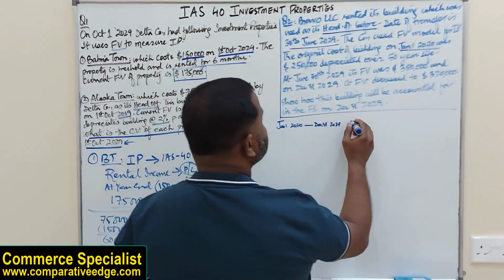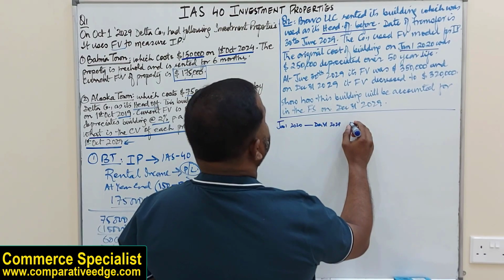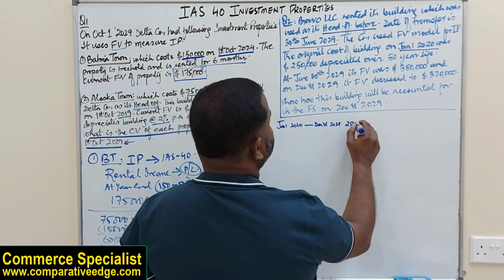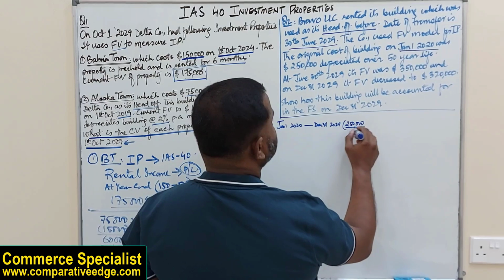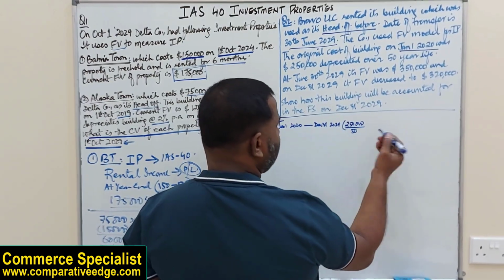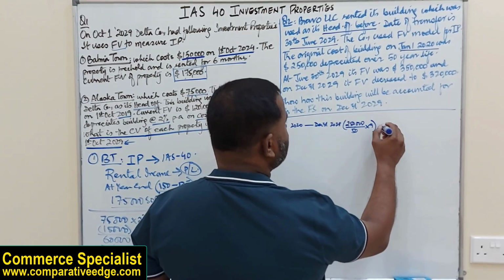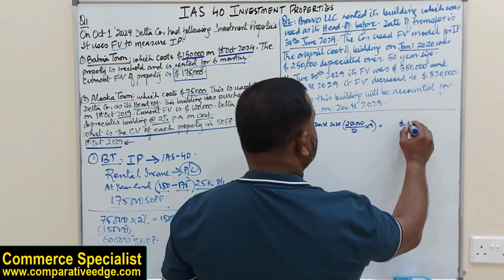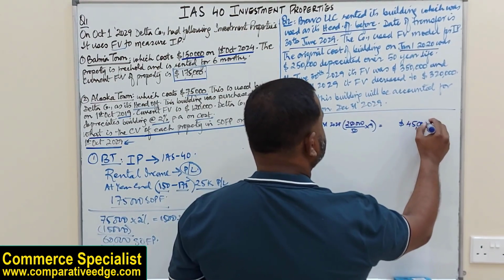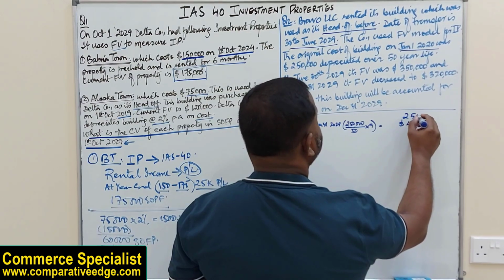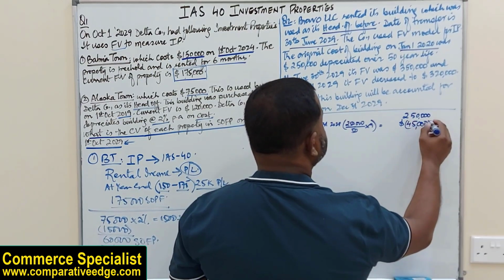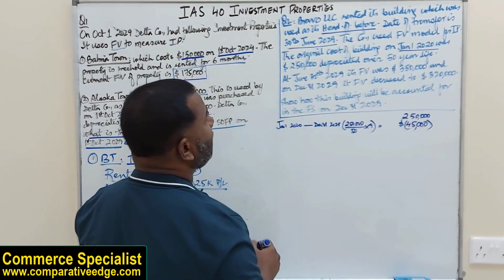So if the asset has a 50-year life and the cost was 250,000, 250,000 divided by 50, you get 1 year depreciation, multiplied by 9, you get 9-year depreciation as 45,000.